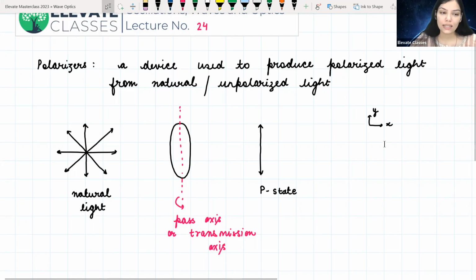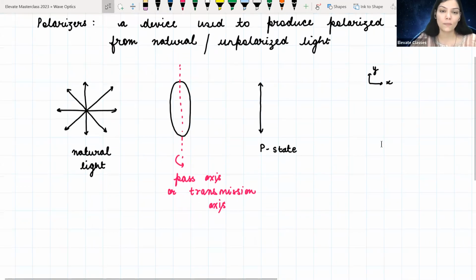Now another thing which you will get in questions is an analyzer, and you might have read it also, what is an analyzer. So analyzer is a device which is exactly like a polarizer. It is a polarizer, in fact. There is no difference in the construction of an analyzer and a polarizer.